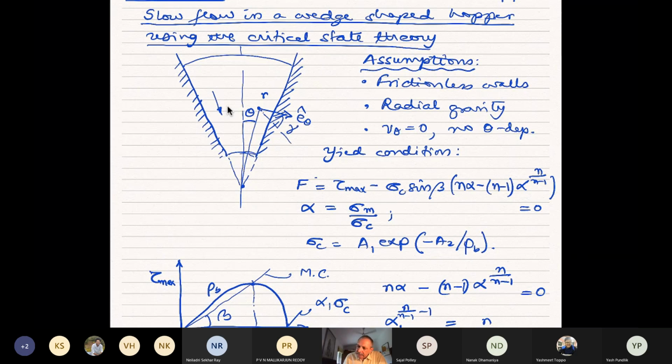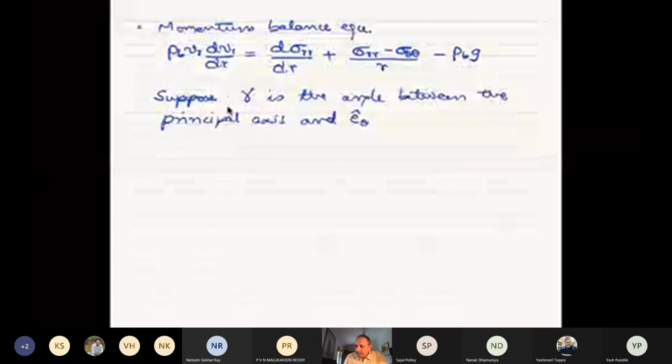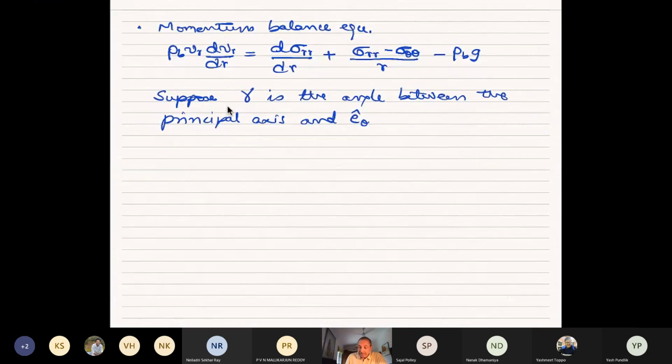So that is the angle between E theta and that. So if gamma is 0, and that's what we are going to show, then the principal axis is along E theta.